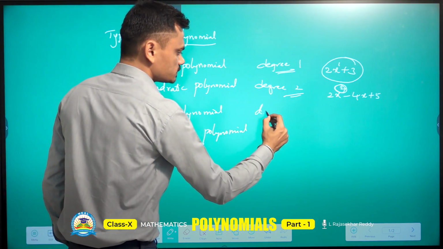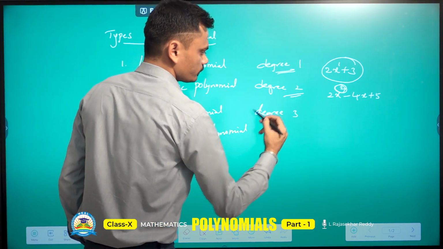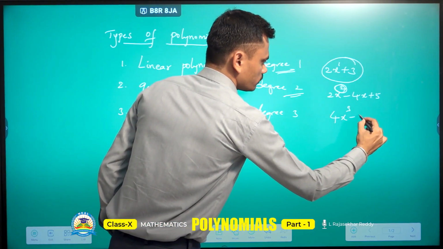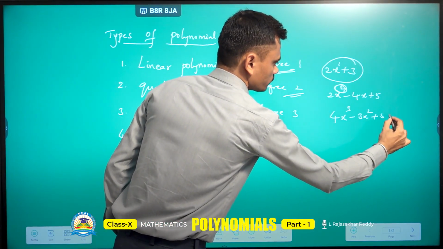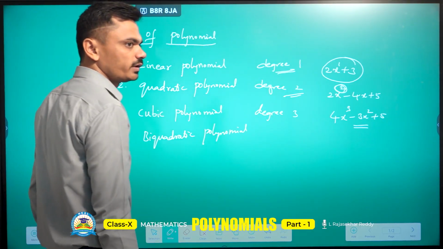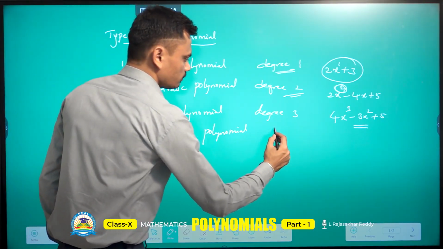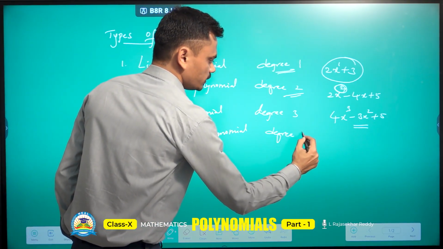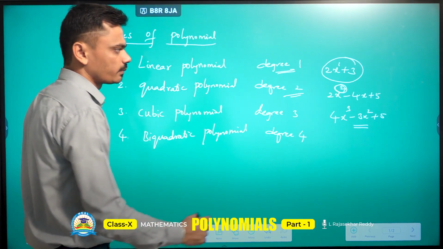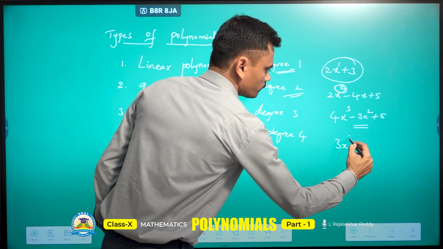If the degree is 3, that is a cubic polynomial, for example 4x cube minus 3x square plus 5. See here, the highest power is 3. So you can call it a cubic polynomial. In the same way, if the degree is 4, you can call it a biquadratic polynomial, for example 3x power 4 plus 5.